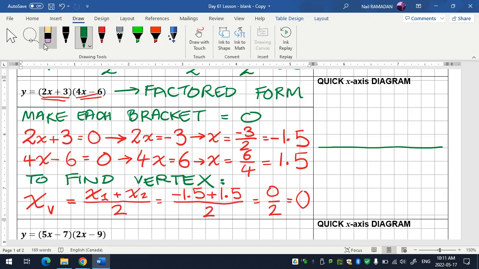Don't forget, everyone, to label your line X. So right here, this is positive 1.5. And right here, how much is here? Come on, the other side. Negative 1.5. And where exactly is the 0? Right in the perfect middle, as much as you can. So I'm going to say it's right here.